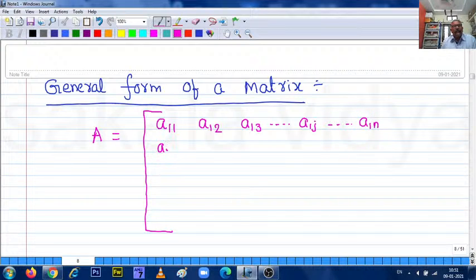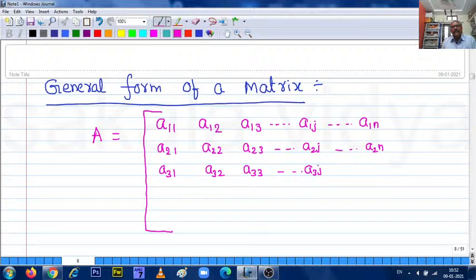Next go to A21, A22, A23 and dash dash A2j dash dash A2n, and so on. You can write A31, A32, A33 and so on, A3j and dash dash A3n, and it will be continued like this.